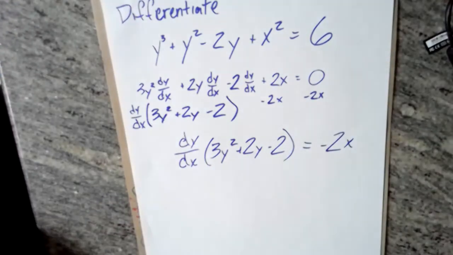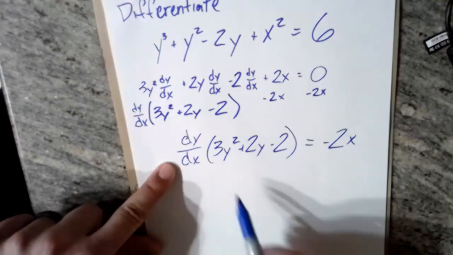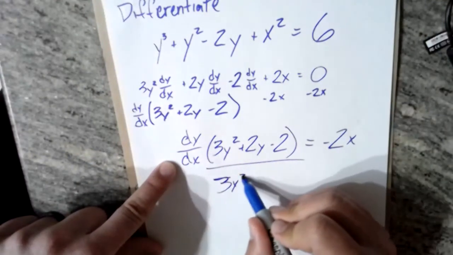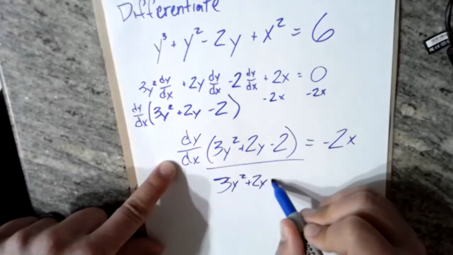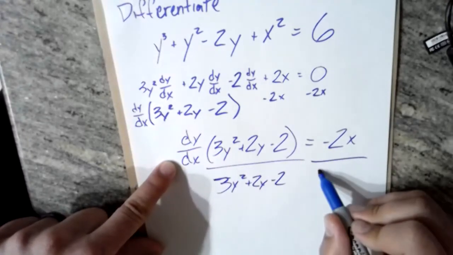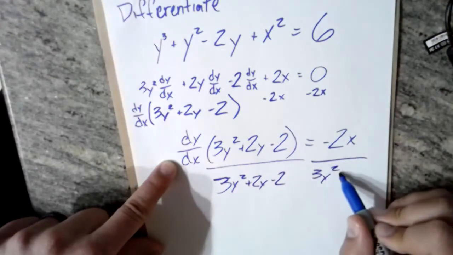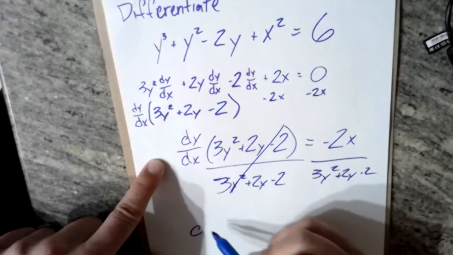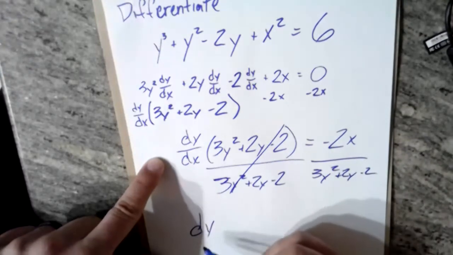This is pretty typical. Now we want to find this, so we have to divide each side by 3y squared plus 2y minus 2. These cancel just like every other equation you've ever solved.